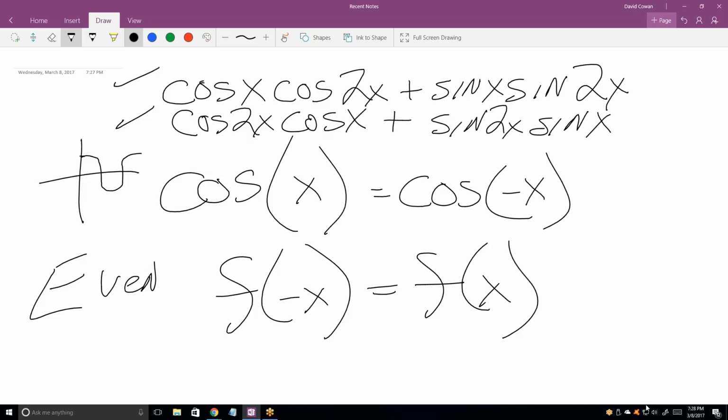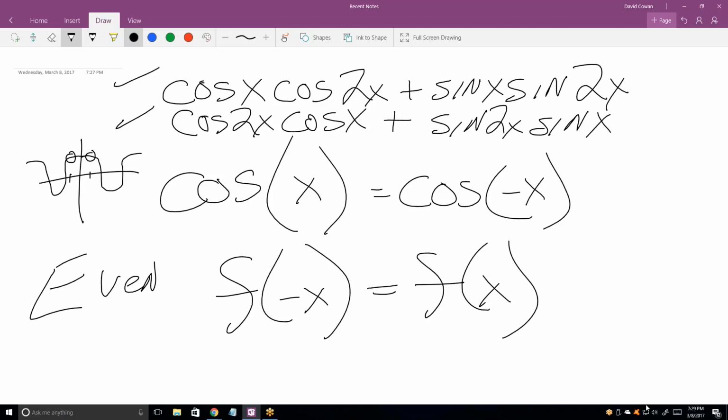If I go on the other side, notice that if I take the cosine of that point right there, I get that value. Well, if I take the cosine of that negative angle, I get the exact same value. It's an even function, which means it has symmetry with the y-axis, which cosine does.